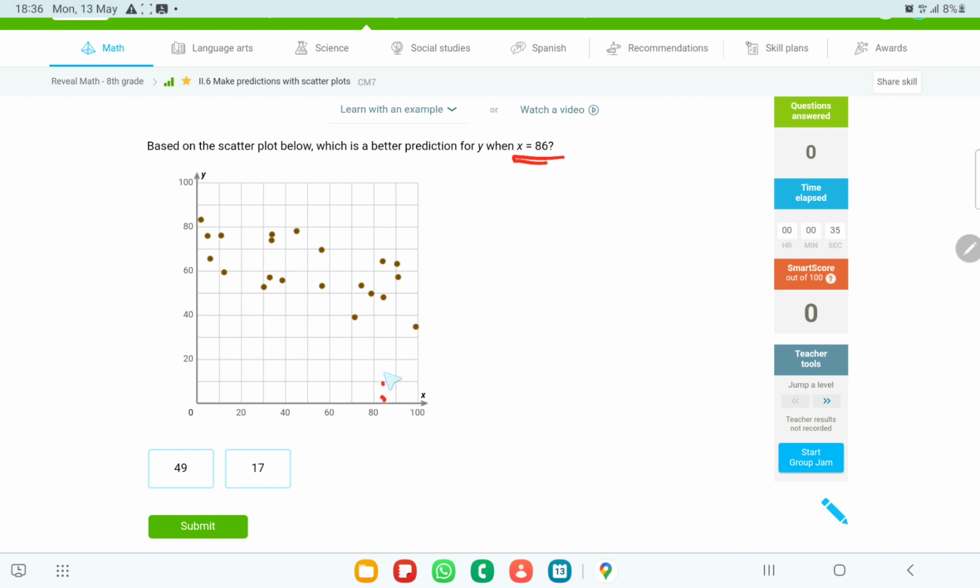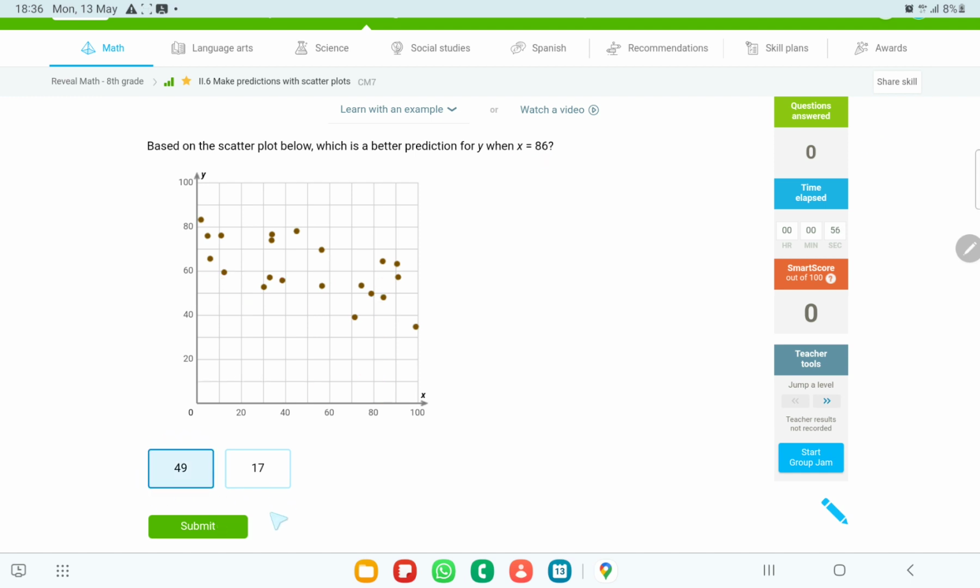So whenever you go for the points, the y is nearly what? Is it nearly 17, which is here? Does it hit the points here? Or the y might be here, which is around the 40 or the 49. Exactly, it's around the 49.